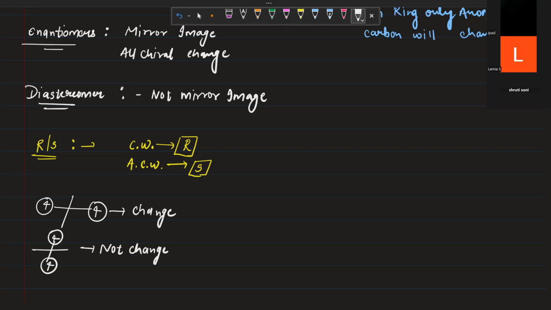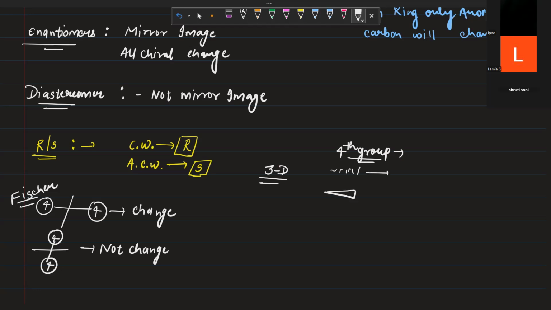Okay. And let's suppose this is for Fischer. If we are talking about a 3D molecule, in the case of a 3D molecule, if the fourth group is on the dash side, then it doesn't require you to change the configuration.